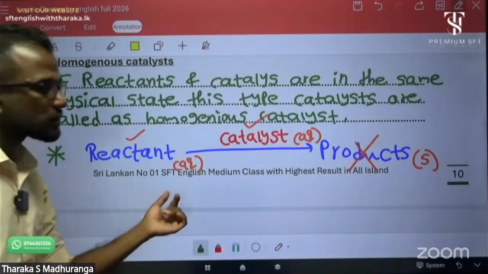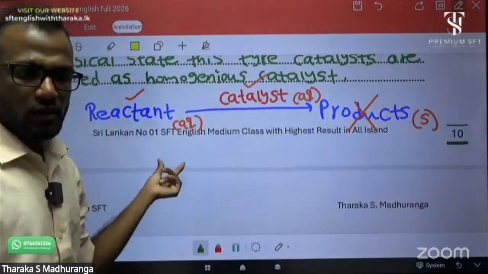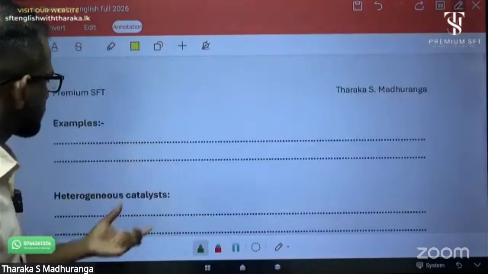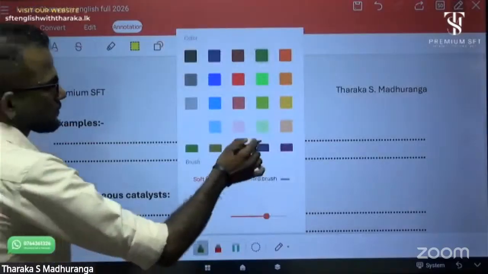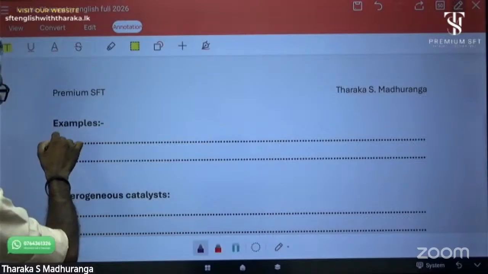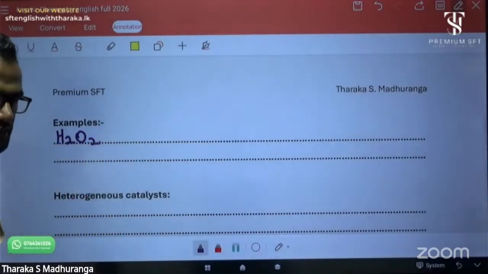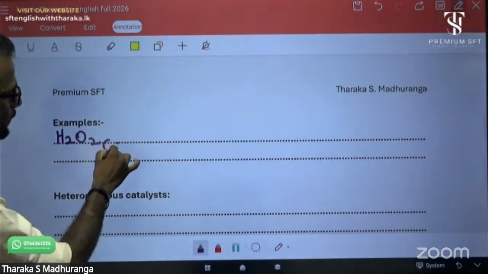Okay, complete. Alright. Example: H2O2, hydrogen peroxide. It's an aqueous solution.